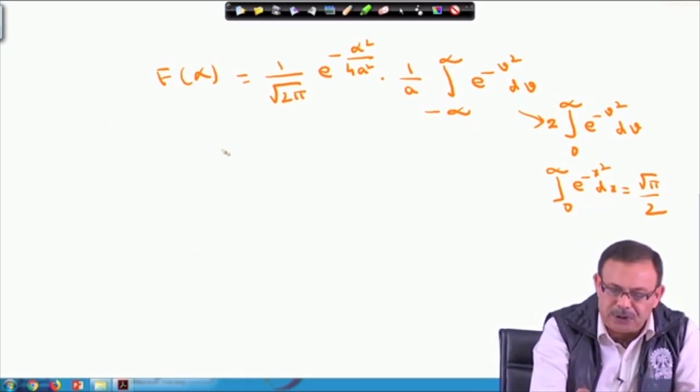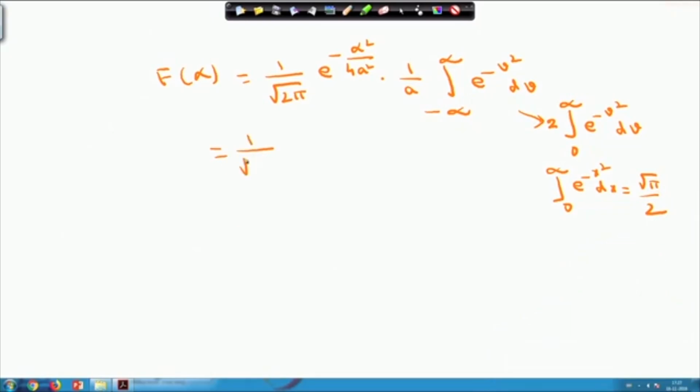If I substitute that value, I will obtain 1/√(2π) into e^(-α²/4a²) into 1/a into the value of the integral, which is √π. So, ultimately you obtain 1/(a√2) e^(-α²/4a²).